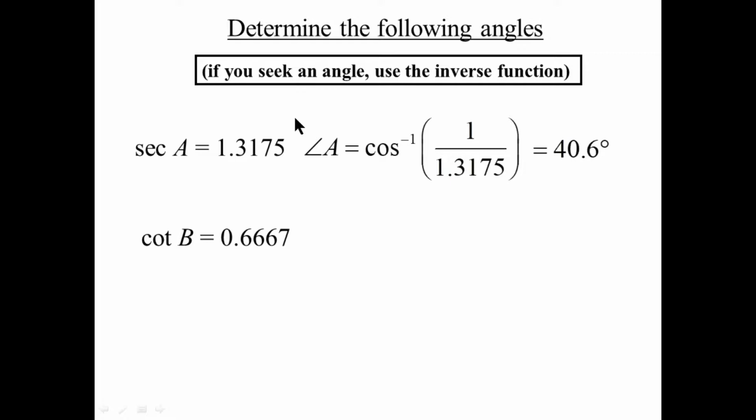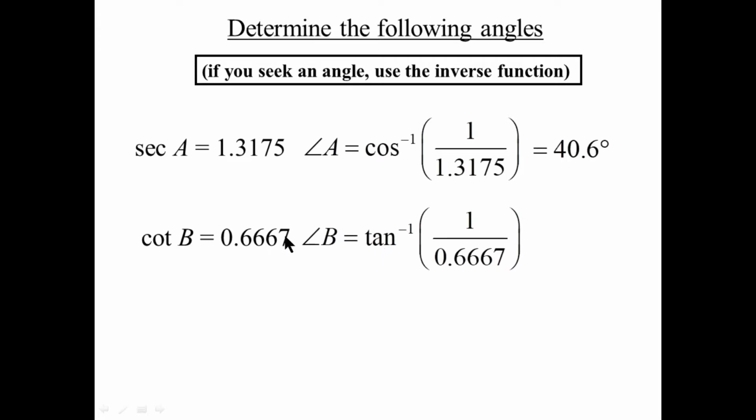Cotangent of an angle is given as 0.6667. Again, we don't have a cotangent button, so we'll have to use our tangent button. And if you seek an angle, use the inverse. So it will be an inverse tangent. Because if you seek an angle, use inverse, and we don't have a cotangent, use its mutually reciprocal trig ratio, the tangent.